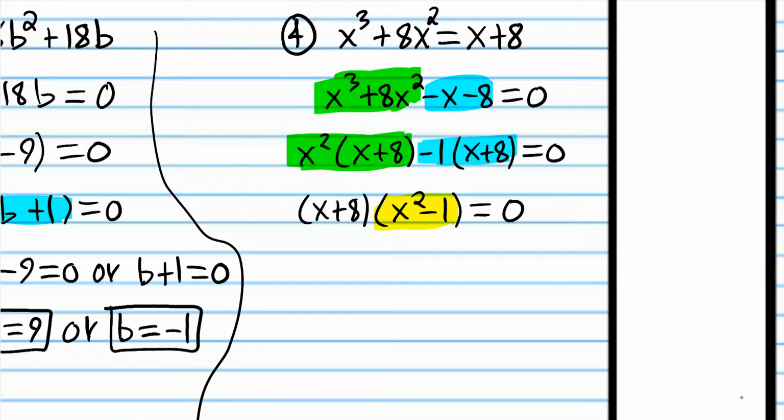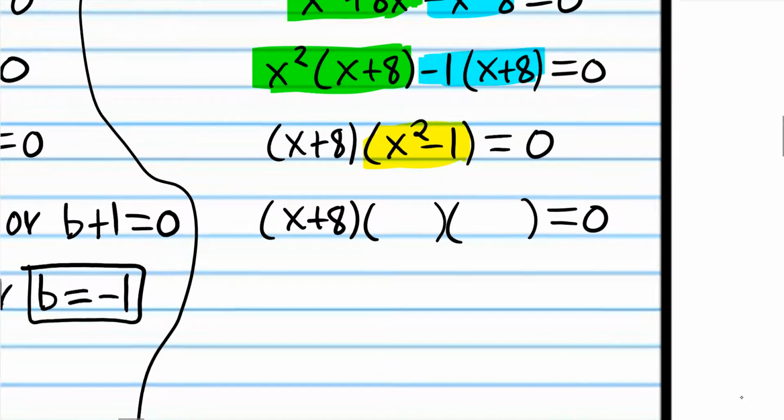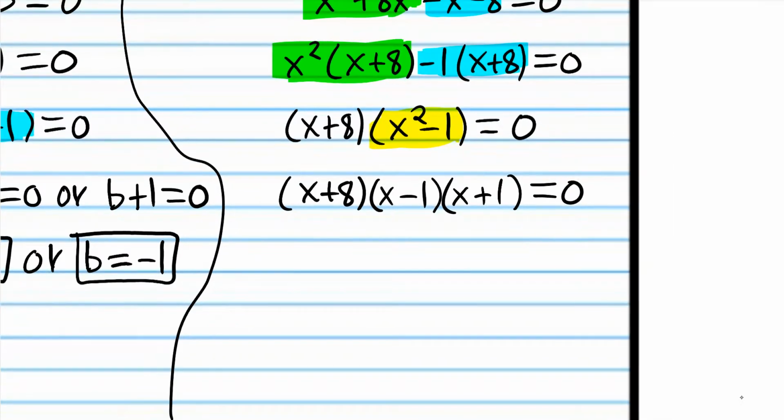So we're going to need to factor that. What number times itself is equal to 1? That's just going to be 1, obviously. And when you have the difference of two squares, you have a plus and minus, and there you go.